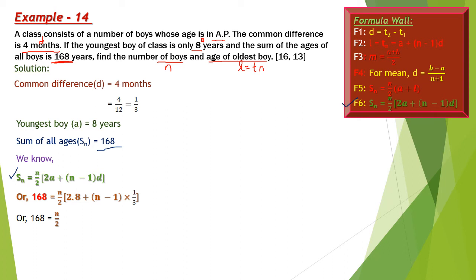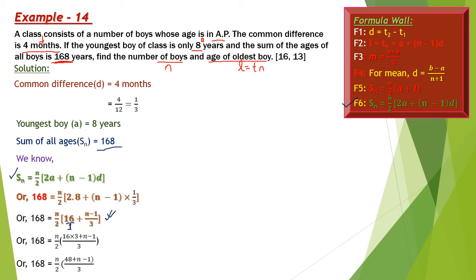168 equal to n by 2, bracket 16 plus n minus 1 by 3. Now we have to take the LCM. The LCM of 1 and 3 is 3, so 16 into 3, that is 48. 168 equals n by 2 into 48 plus n minus 1 by 3.